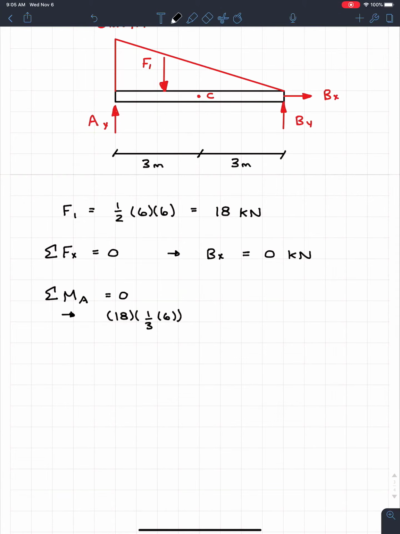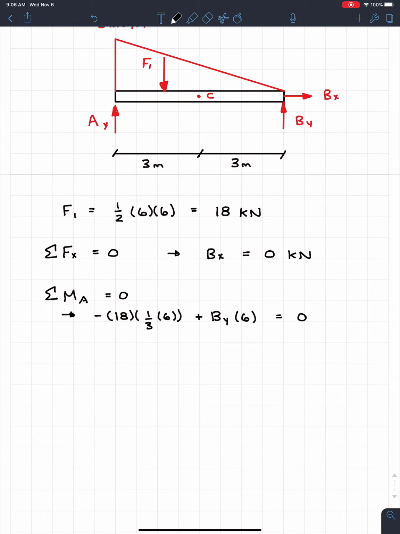And if we look at the rotation this causes, it's going to create a clockwise rotation, so this is going to be negative. And then on the far side, we see that we have By, which acts at a distance of 6 meters. And we see that this is going to create a counterclockwise rotation, so this one will be positive. And we know that everything is going to equal 0.